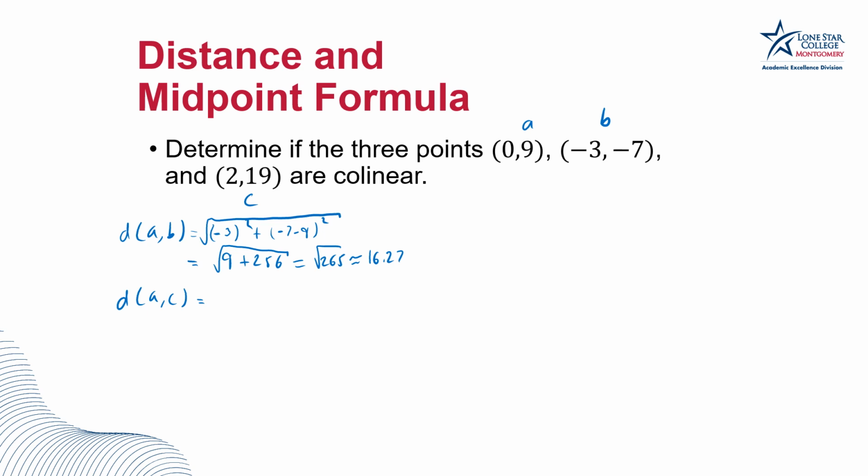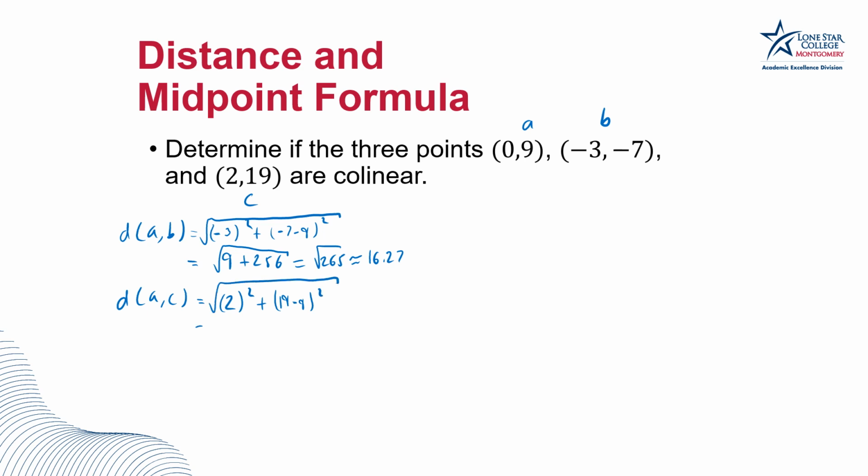So this is the formula, x2 minus x1, so 2 minus 0 is going to be 2 squared plus, and then we have 19 minus 9 for y2 minus y1 squared.